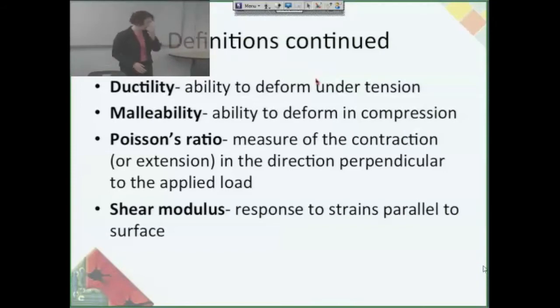That's a measure of how much it contracts if you pull it and how much it expands if you push it. The shear modulus is the response to strains that are parallel to the surface, and that's going to be important for an articulating joint or for when something has a flowing force going past it. So it's important to know those terms.